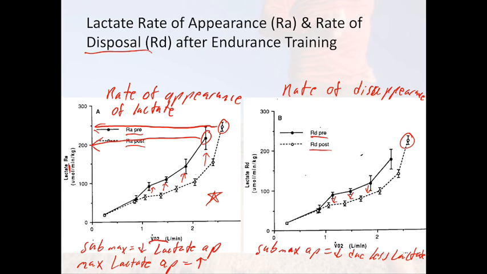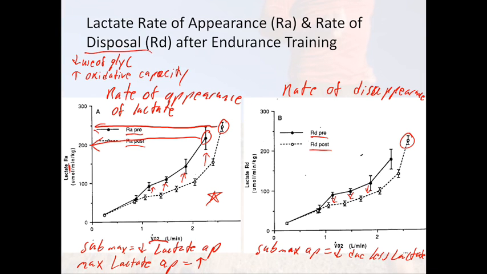Okay, so the reasons for the less lactate appearance all have to do with things we've already talked about. Less lactate appearance because we have decreased use of the glycolytic system and increased oxidative capacity.